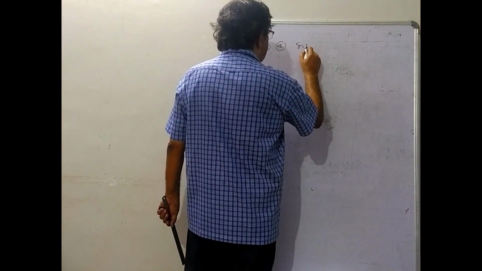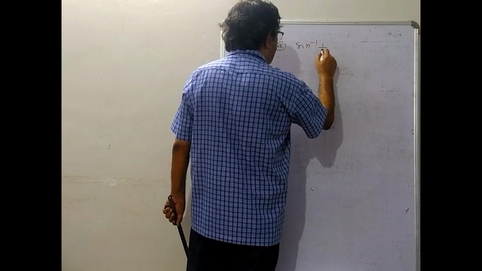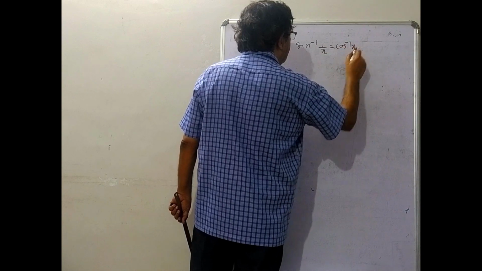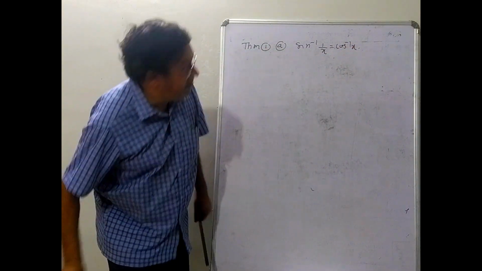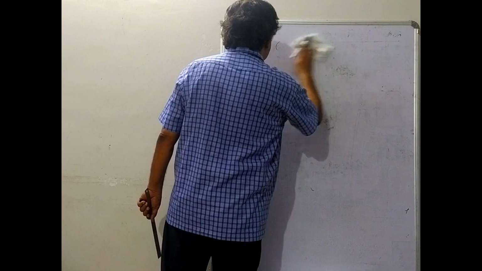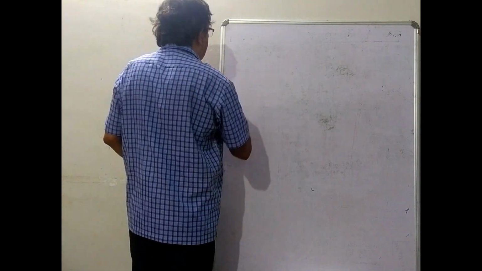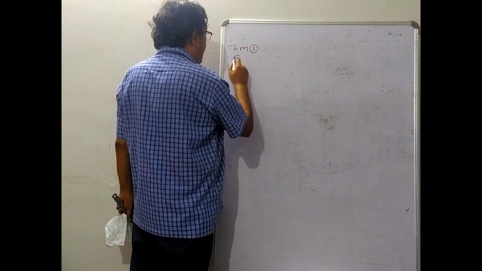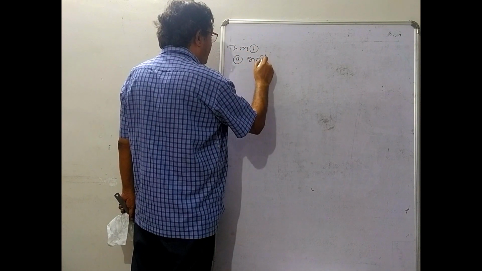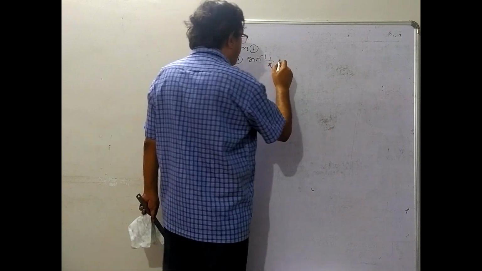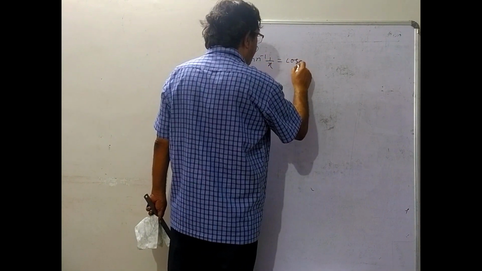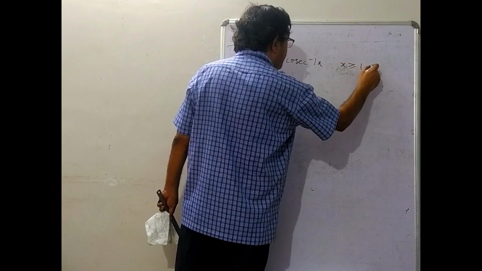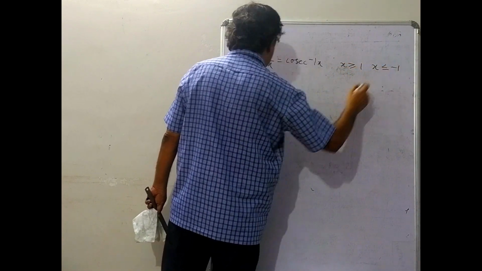First part A: sin inverse of 1 upon x is equal to cosec inverse of x, where x is greater than or equal to 1 or x is less than or equal to minus 1.